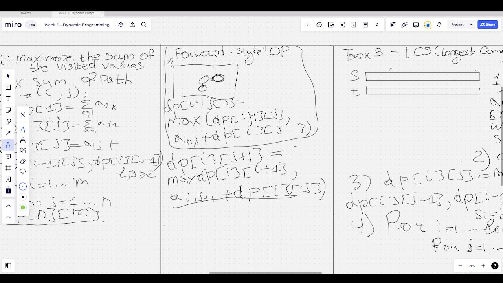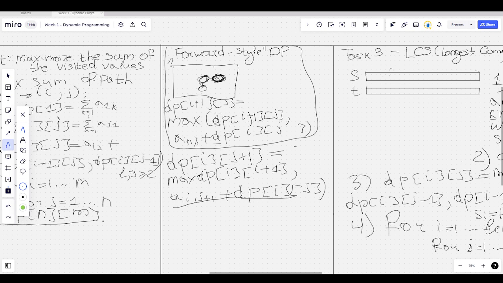If we consider this cell, dp[i+1][j], what can be stored there? It can store the maximum of this value plus dp[i][j] plus this, or the maximum that was pushed previously.